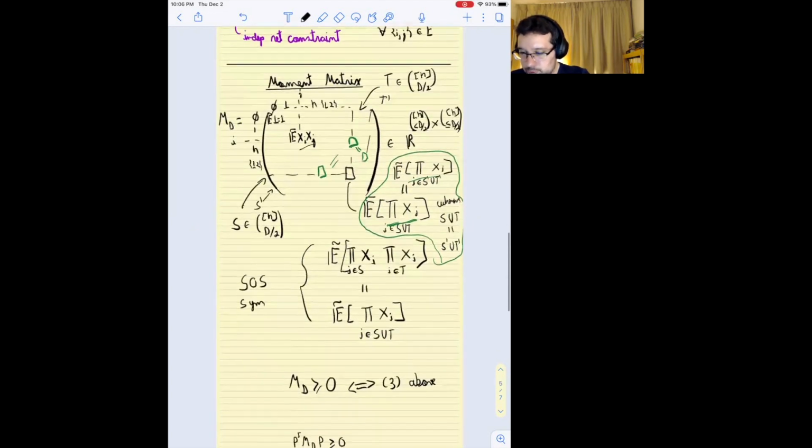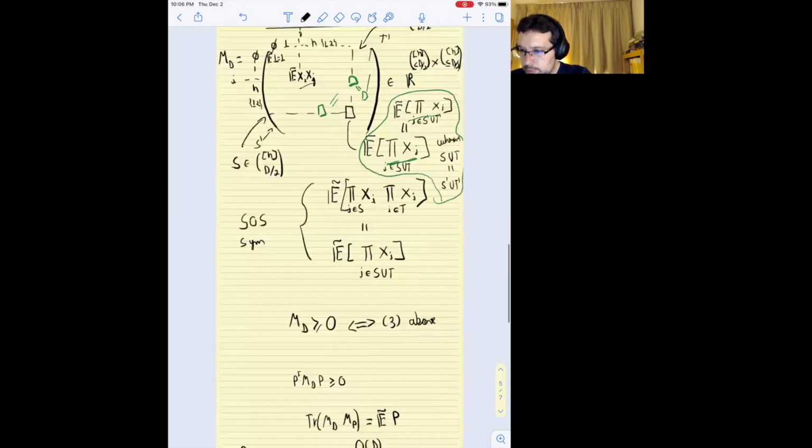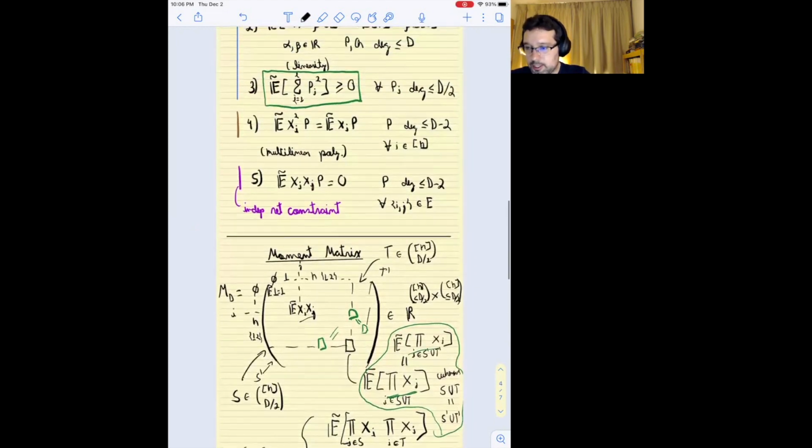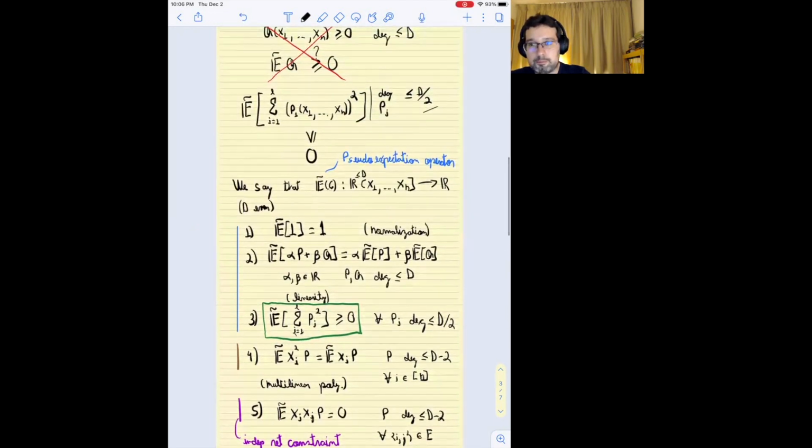And one of the nice things about sum of squares is that it allows us to reason about larger monomials, right? Linear programming, of course, you can have hierarchies and so on, but sum of squares feels a bit more natural. In some sense, it linearizes to some extent non-linear relations. But of course, you have a global PSD constraint. It's not very formal, but it allows us to reason about polynomials in a way that we can efficiently compute, right?